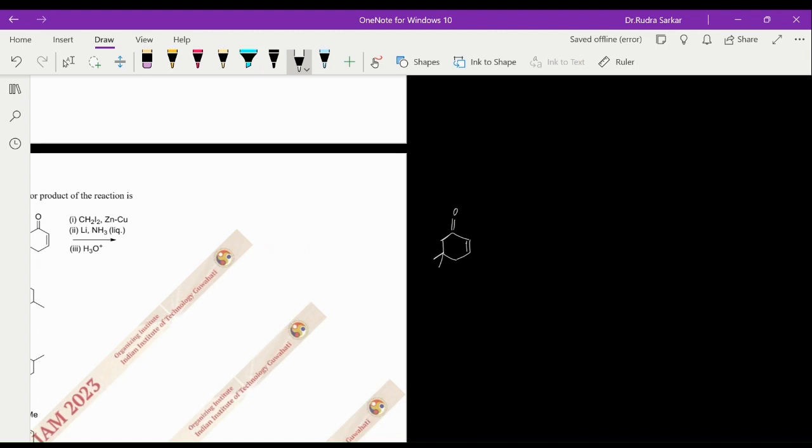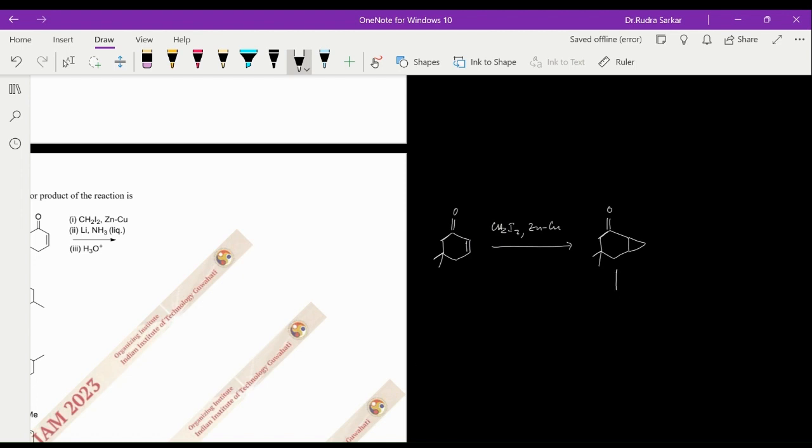Technically it is an alpha beta unsaturated ketone, and that is undergoing the Simmons-Smith reaction. So it forms a cyclopropane over here, and this is the molecule we'll have.